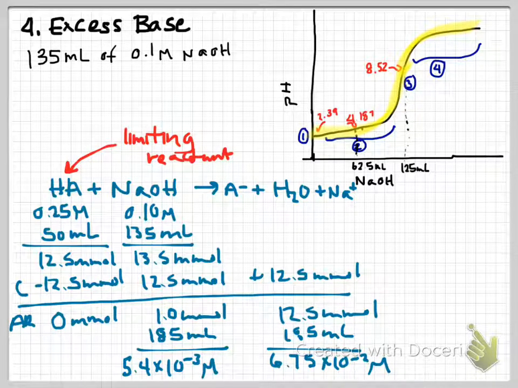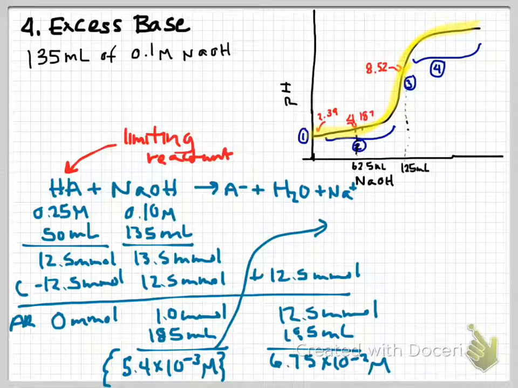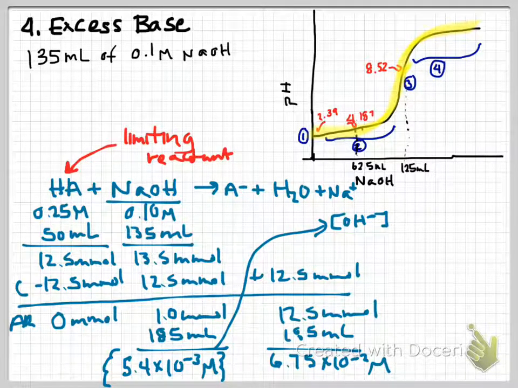Because this is a strong base, the NaOH, as long as you are a little bit away from the equivalence point, the strong base is going to dominate the pH versus the weak base in solution. So when I determine my pH, the OH concentration is strictly from the excess NaOH that's contributing to the pH.